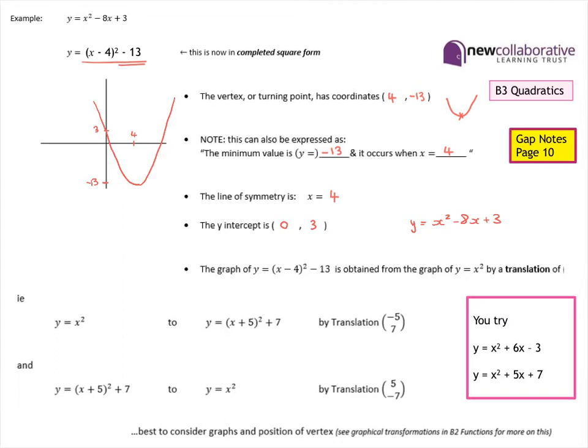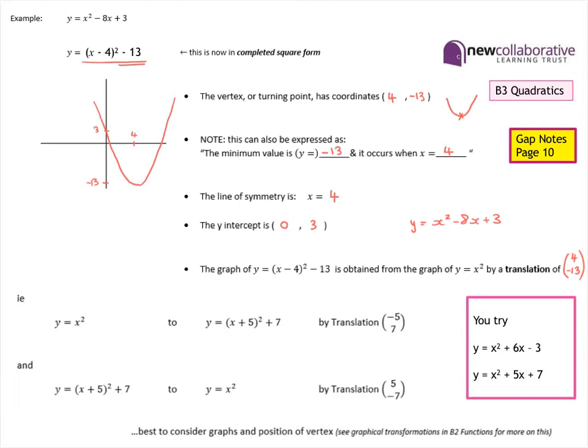So we can say that the graph of y equals x take away 4 squared, take away 13, is obtained from the graph of y equals x squared by a translation of 4, negative 13. So there's a couple more examples at the bottom there.